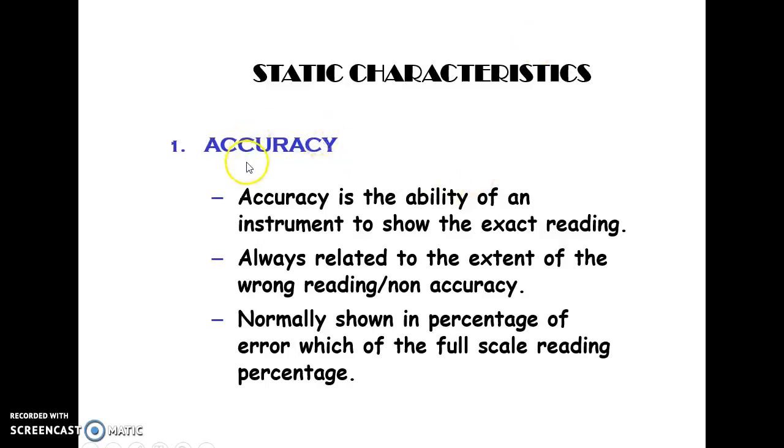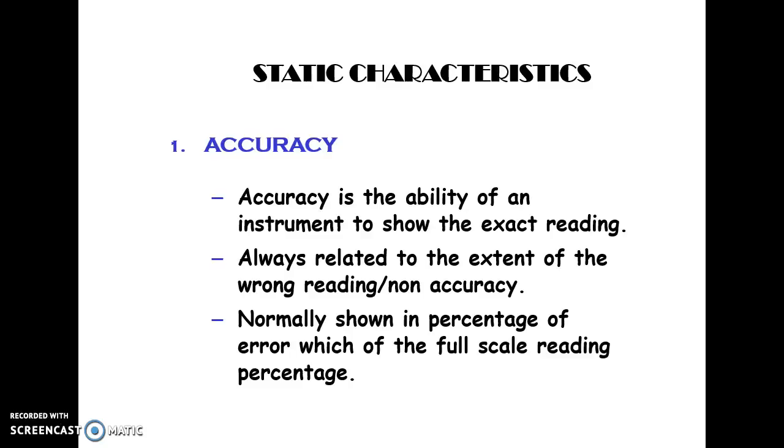The first one of the static characteristics is accuracy. Accuracy is the ability of an instrument to show the exact reading. What accuracy means is you have to get the accurate value of what you need to measure.